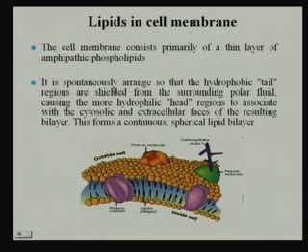It is spontaneously arranged so that the hydrophobic tail region is shielded from the surrounding polar fluid, causing the more hydrophilic head region to associate with the cytosolic and extracellular phases of the resulting bilayer. This forms a continuous spherical lipid bilayer.